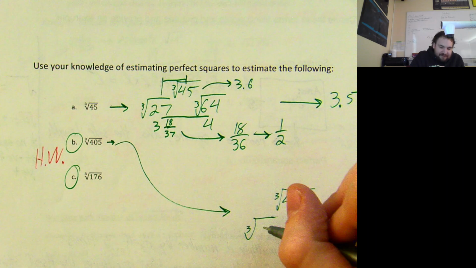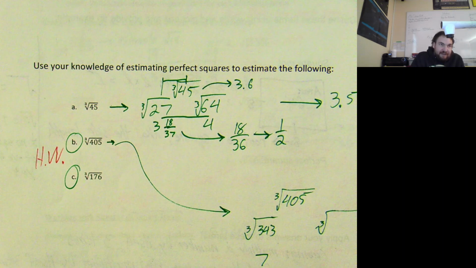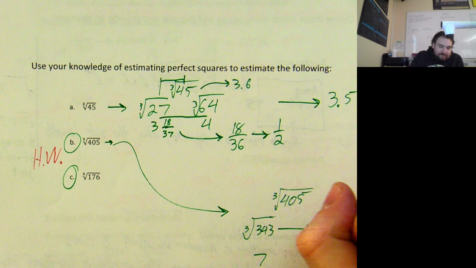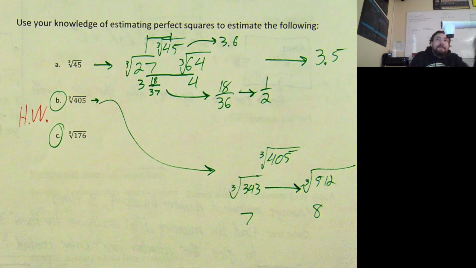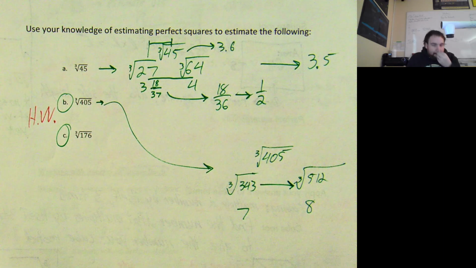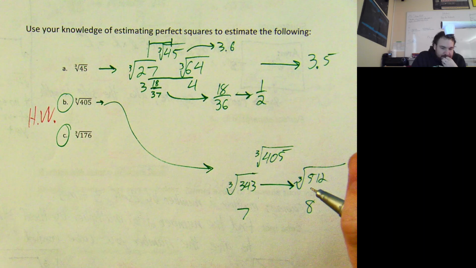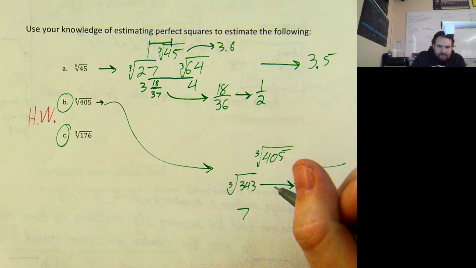343, which is 7 cubed. Yeah. And then 512, which is 8 cubed. Okay. And 405 would be in between. Well, the cube root of 405 would be between 7 and 8. Yeah. So the whole number would be 7, and then 512 and 343 are 169 apart.